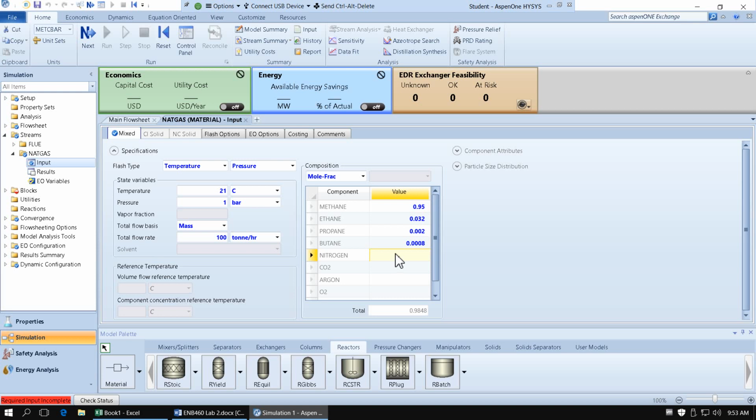Nitrogen is 0.01, CO2 is 0.0052. That's it. Right. So a good check is to look at the total. If you expect the total to be 1, then a number 1 there would say you've entered your values correctly, right?